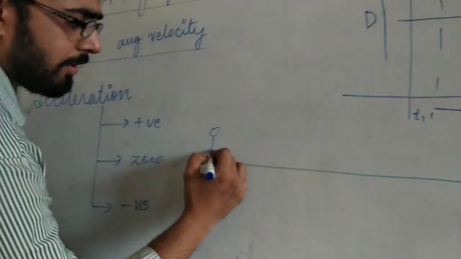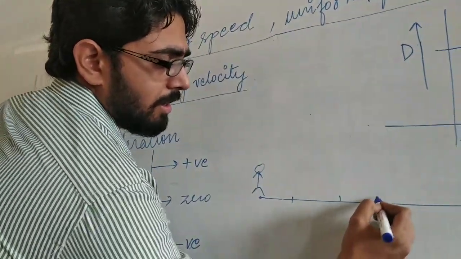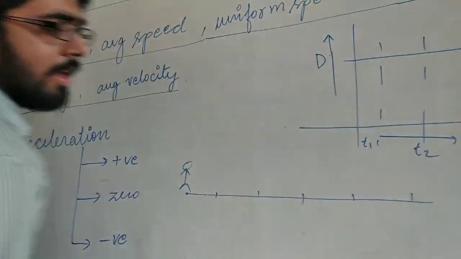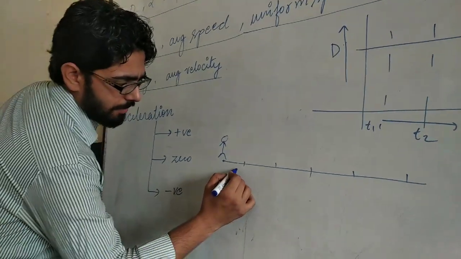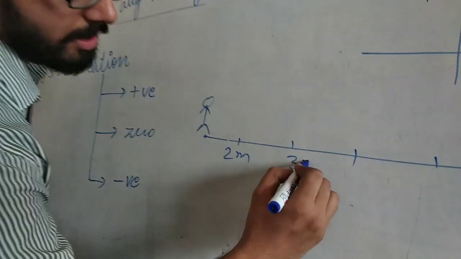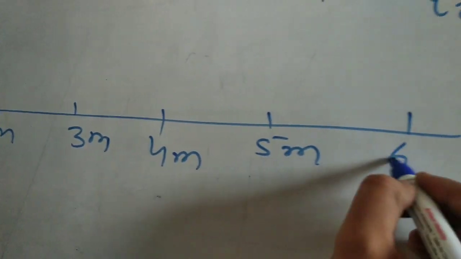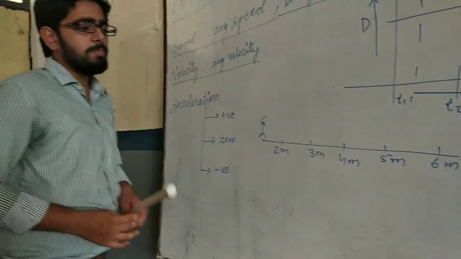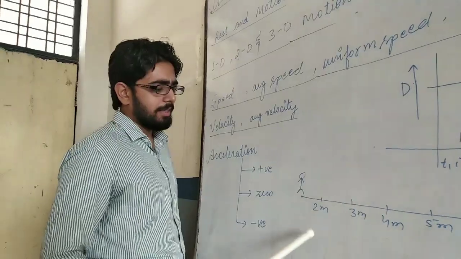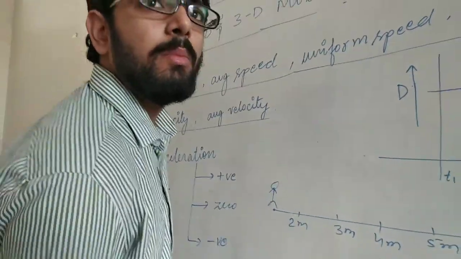A person is standing over here and covering distance after some interval, and we have only a single axis, say the x-axis, with lengths 2 meter, 3 meter, 4 meter, 5 meter, 6 meter, and so on. So we have simply a length coordinate as the person or body changes its position.